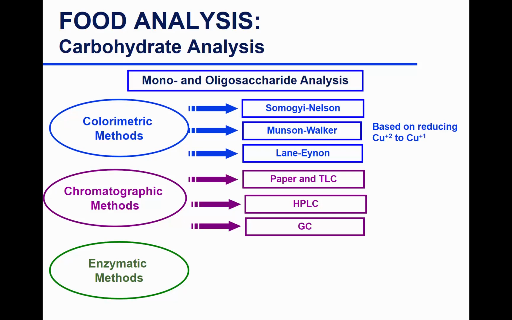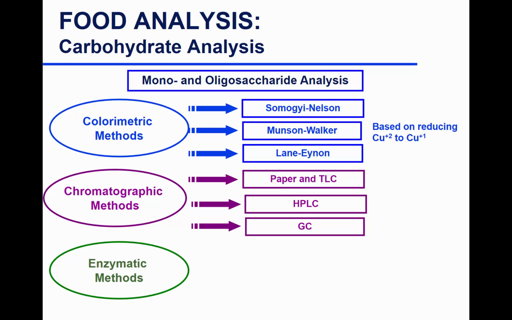Moving on to measuring specifically mono and oligosaccharides. To measure mono, di, and oligosaccharides, there are many different methods that we'll be talking about. We categorize them into three different categories. We have the colorimetric methods that are basically based on reducing cupric to cuprous, so they are mostly for reducing sugars.